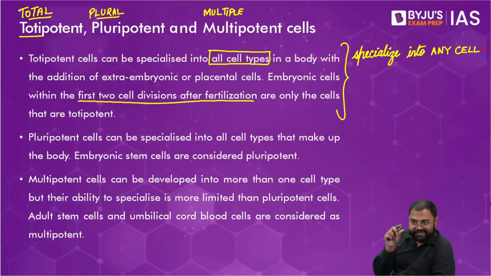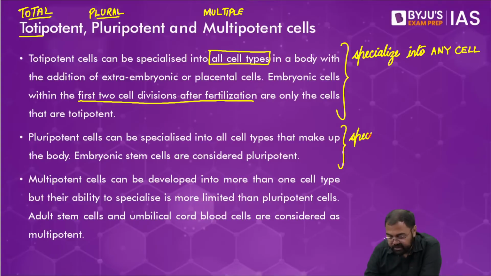Now, the stem cells that we derive after the first two cycles of cell division are called pluripotent. They also have a very good capacity to specialize. They can specialize into, I'll write, almost any cell.